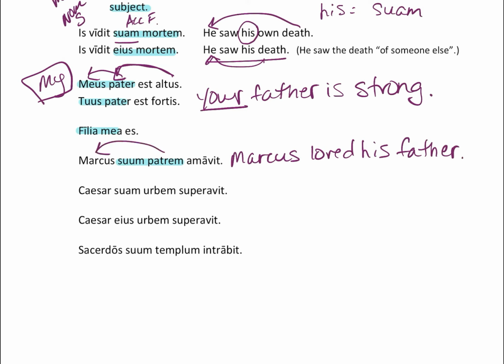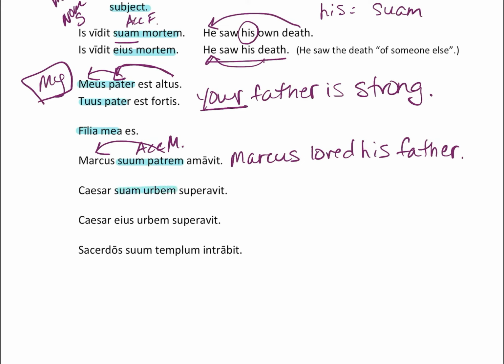So because he's possessing the father, we use the suus form, because the subject is doing the possessing here. However, this is in the accusative, because the father is the victim of being loved. It is not feminine. It is masculine. It's accusative masculine. So it's not masculine because Marcus is masculine. It's masculine because pater is masculine.